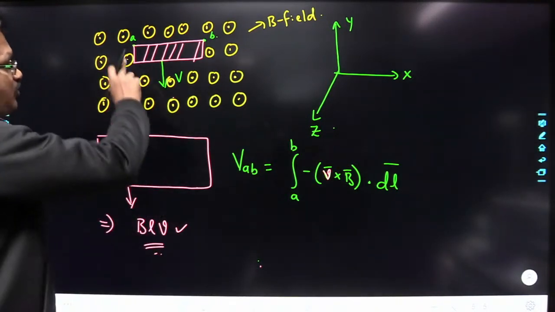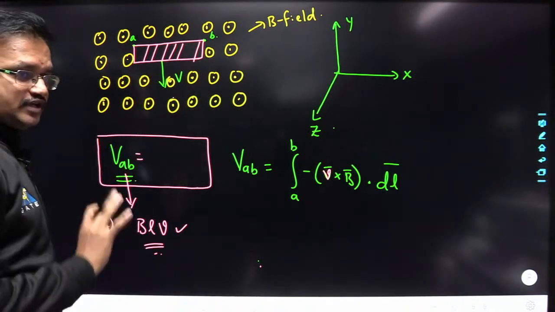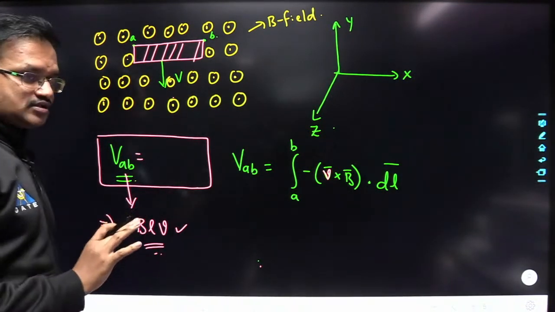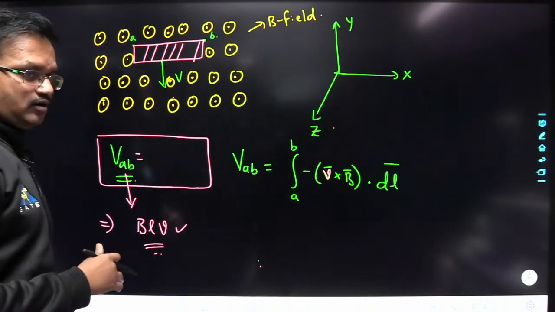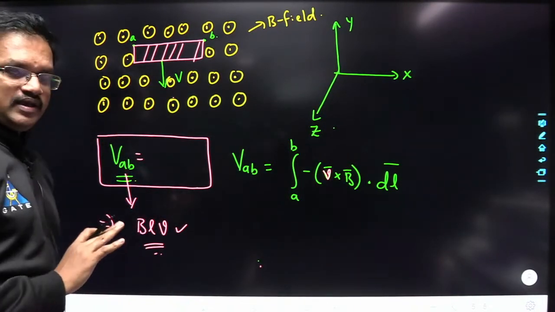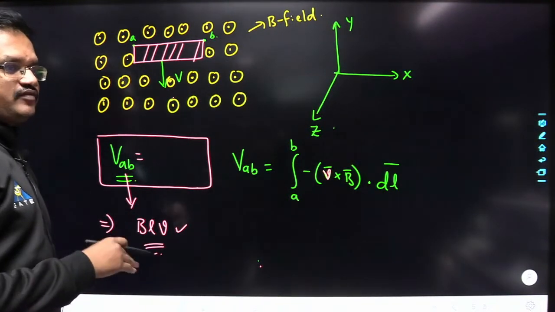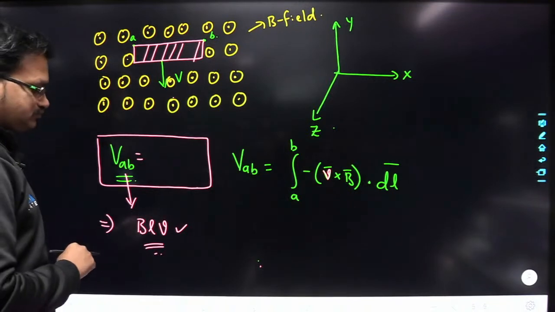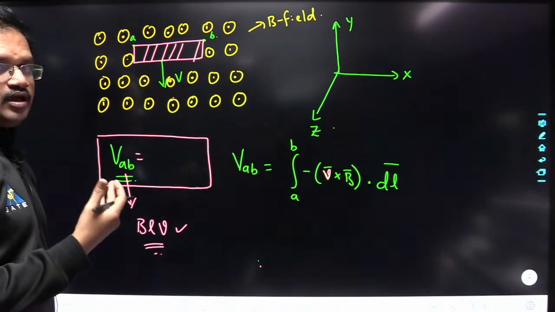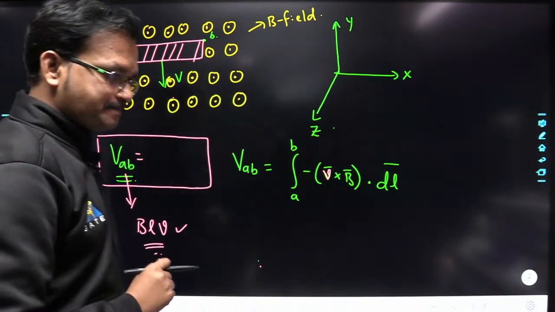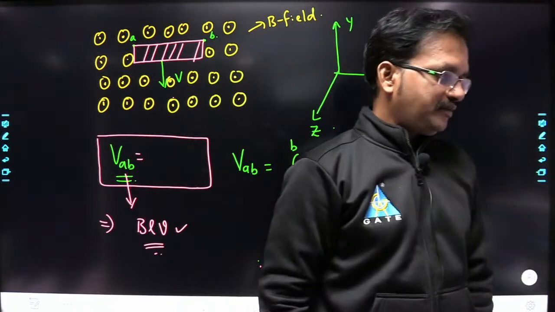That means the potential at A is greater than the potential at B. We know the final expression is going to be BLV, right? Now what I am asking is, is it plus BLV or minus BLV? That means at which end will the potential be more? Tell me here.